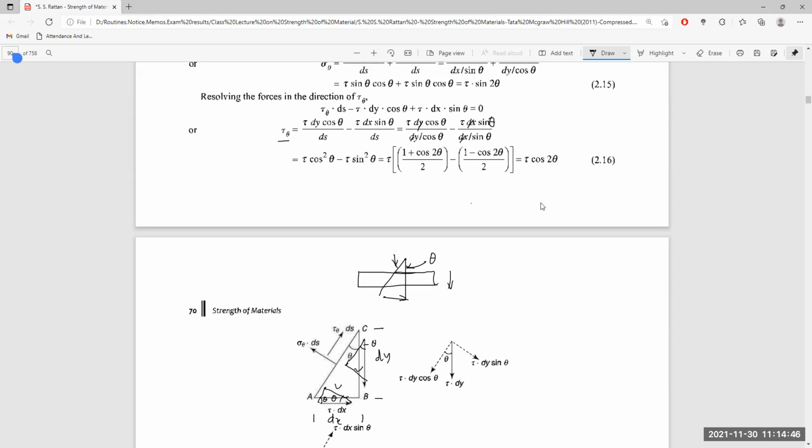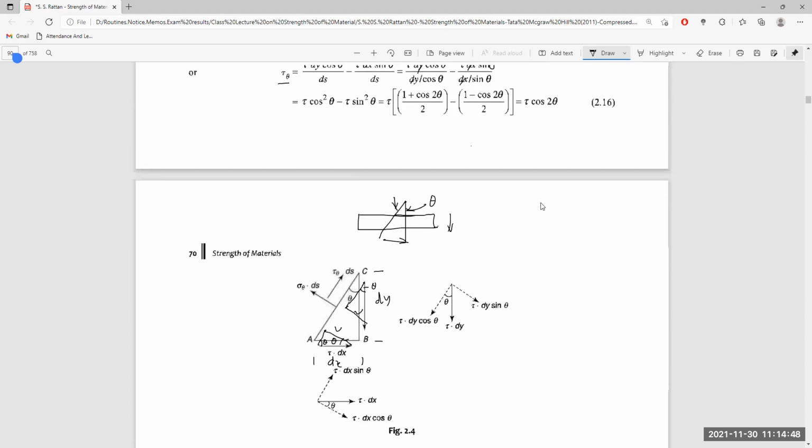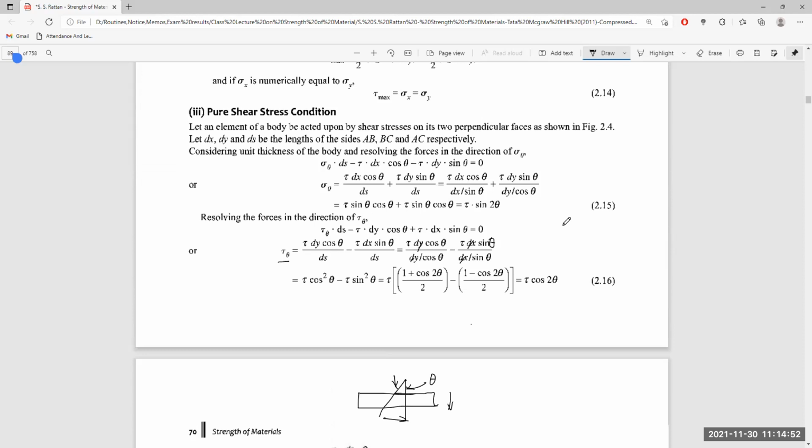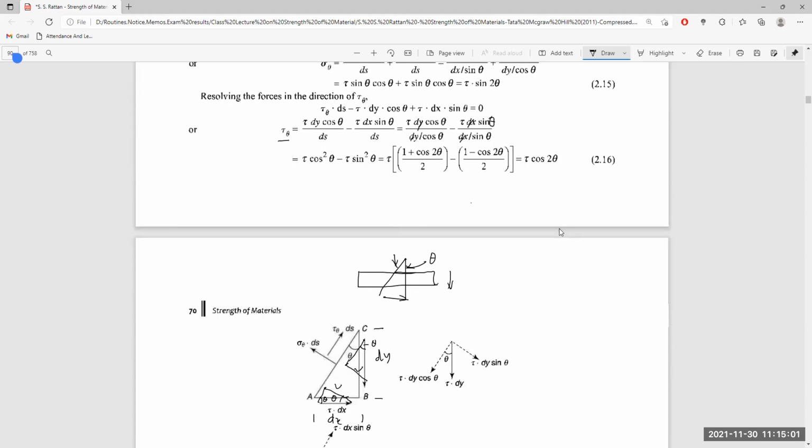Similarly, the forces in the direction of sigma theta: sigma theta ds, tau dx cos theta, that is tau dx cos theta is here. This is on the negative side.